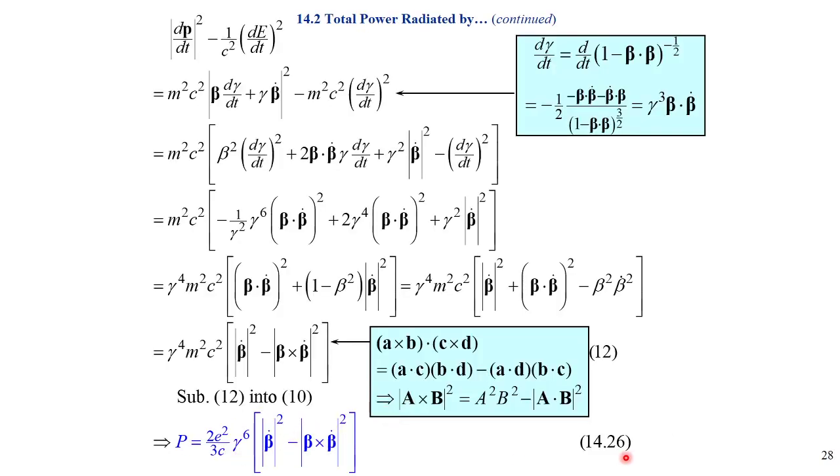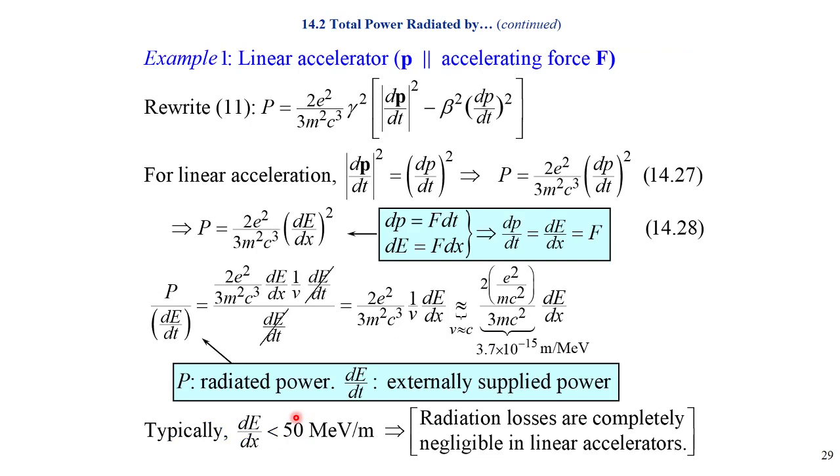Equation 14.26, we have this one. We have three expressions. Which one is more convenient? That depends. Now I will give you two examples. Example 1 will be linear acceleration.